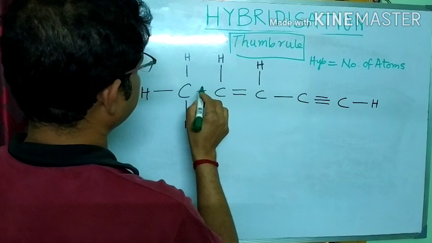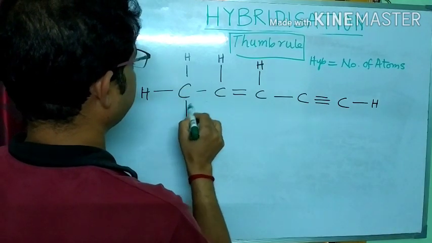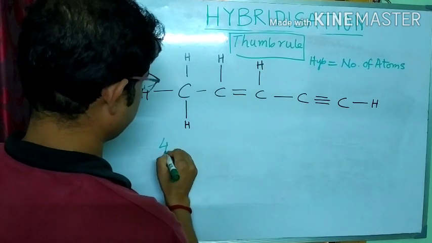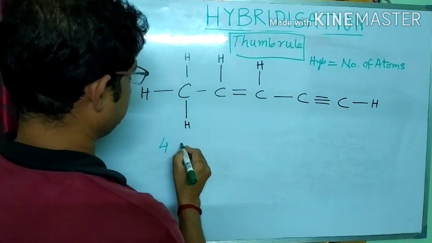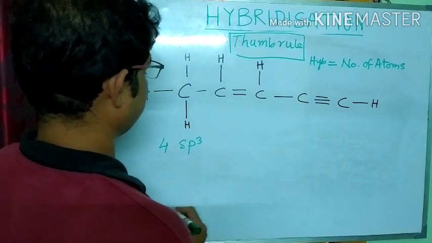We have to count the atoms attached to this carbon: 1, 2, 3, 4. The number of atoms is 4, so it will be sp3 hybridization.